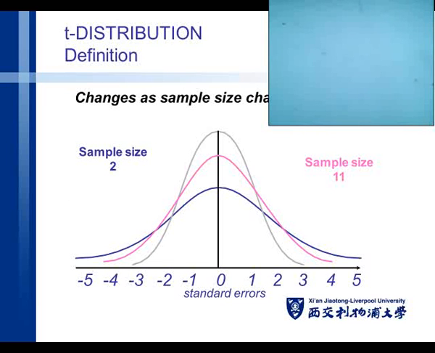Right? And as the sample size increases, it gets more and more similar to the standard normal distribution. So if you have a big sample size, you can just use the standard normal. Okay? That's why the cutoff is at 30. Questions about this?